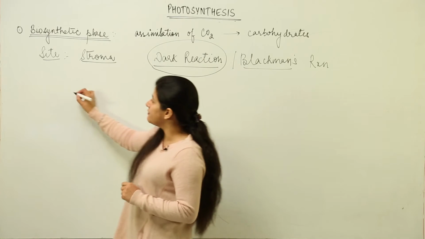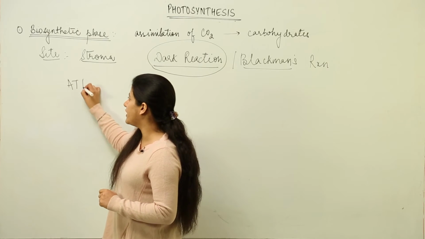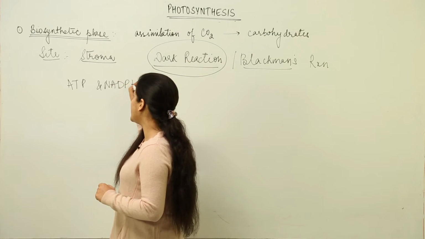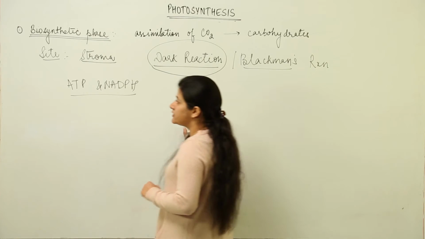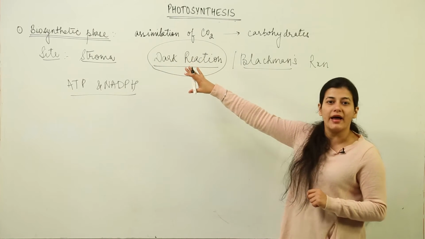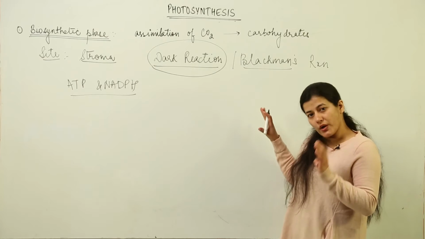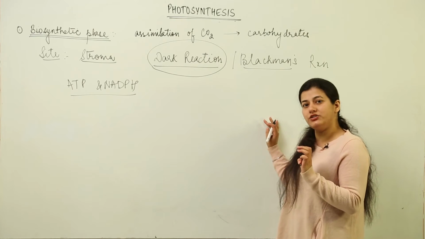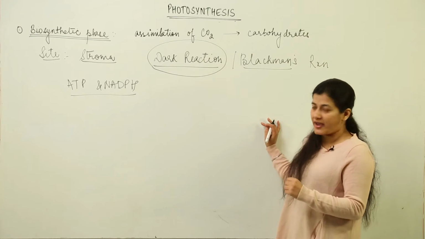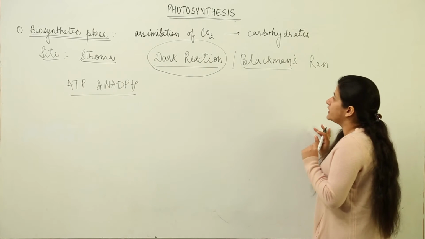The assimilatory power in the form of ATP and NADPH, you remember, was being formed in the light reaction or the Hill's reaction, and this would be utilized in this biosynthetic phase. So though it does not need the direct energy of the photons, it is dependent on the outcome of the light reaction.